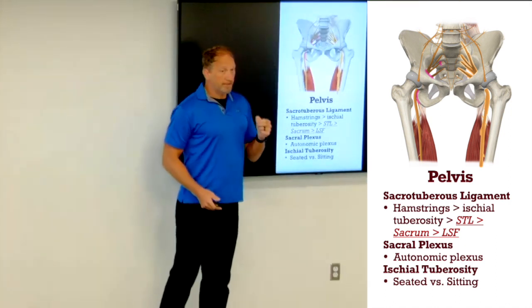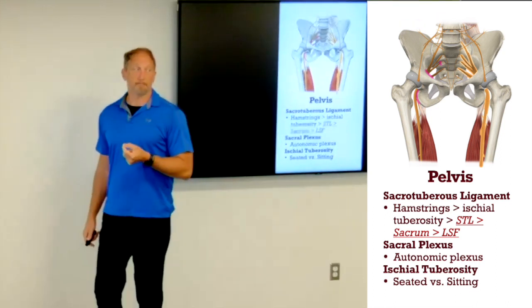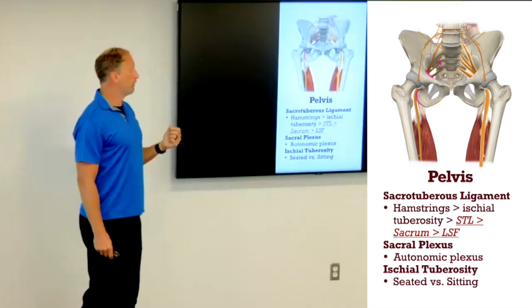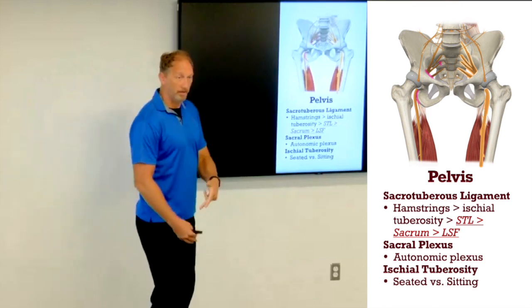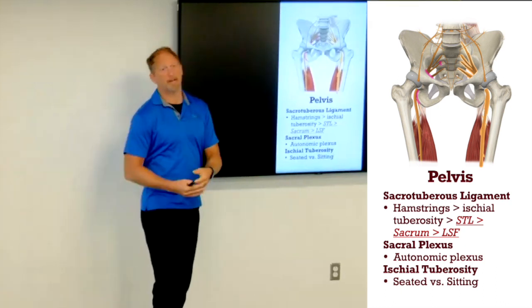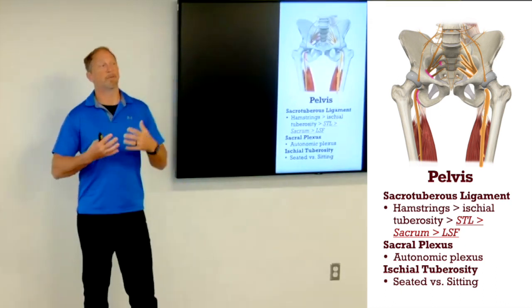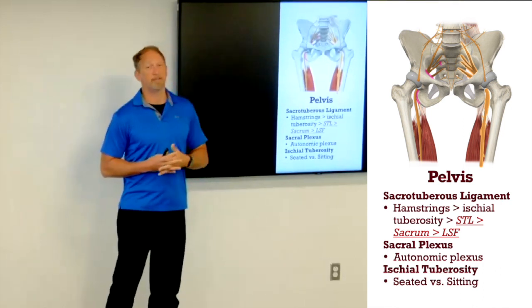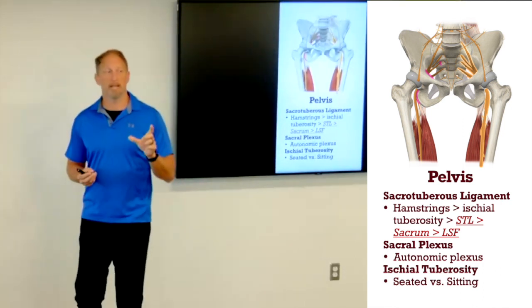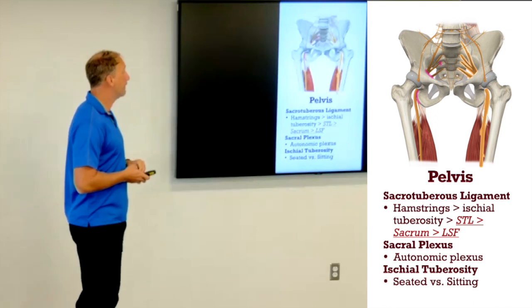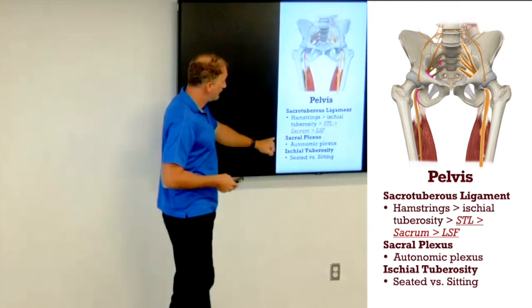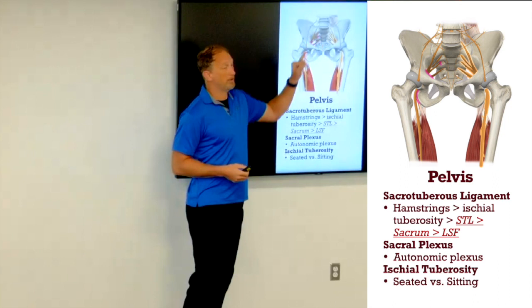So when we treat and address the sacrum, we can exert a lot of control over what's going on from those nerve roots down into the leg, but also the input that those nerve roots are providing up into the central nervous system, which can have an effect on autonomic control of the body. So that sacral plexus is extremely important.